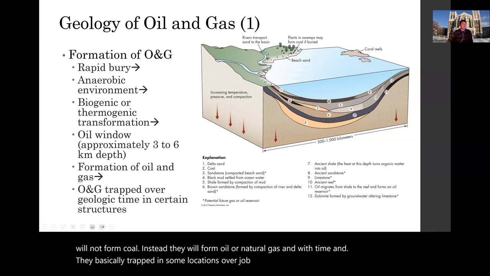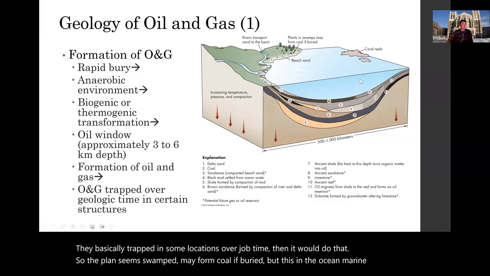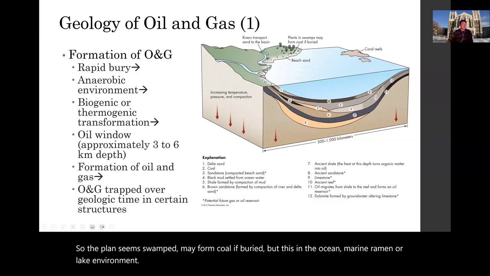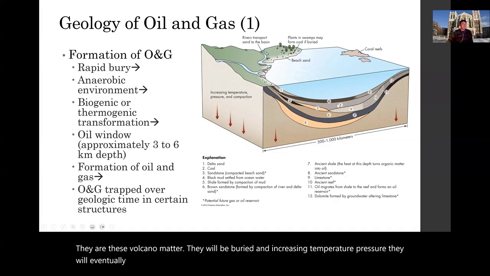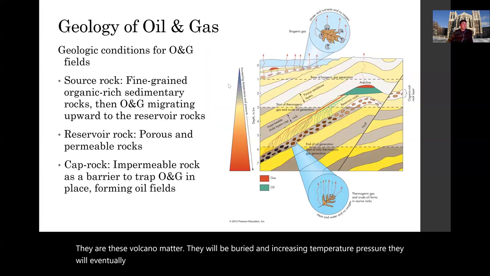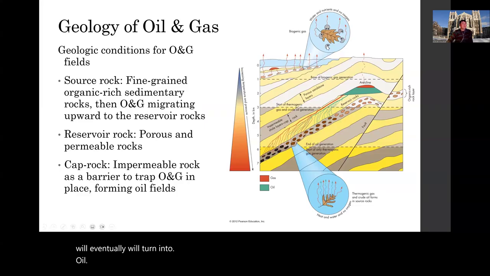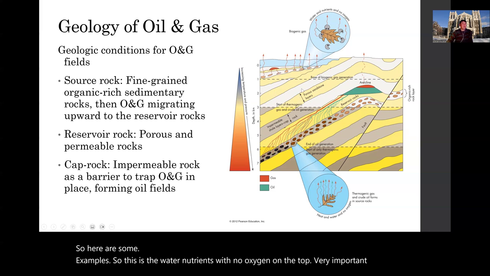The plants in swamps may form coal if buried, but in the ocean, marine environment, or lake environment, this organic matter will be buried and subjected to increasing temperature and pressure, and will eventually turn into oil. So here are some examples. This is water with nutrients and no oxygen on the bottom. Very important: you don't want to have oxygen.